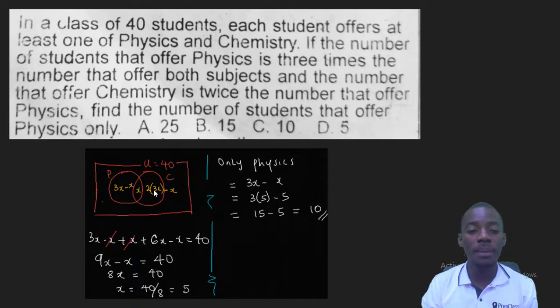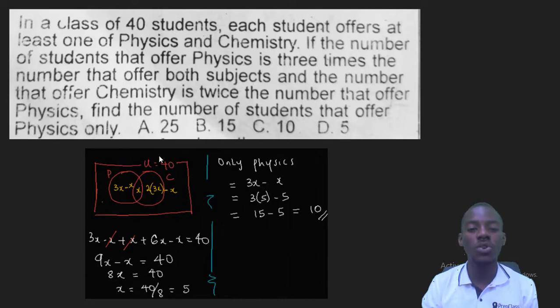So chemistry will be 2 times 3x minus x, because 3x is physics, minus x. That's 2 times (3x minus x), and that is the number that offer chemistry.